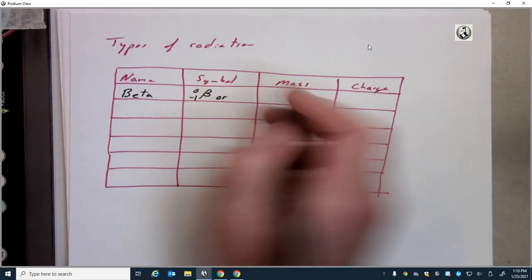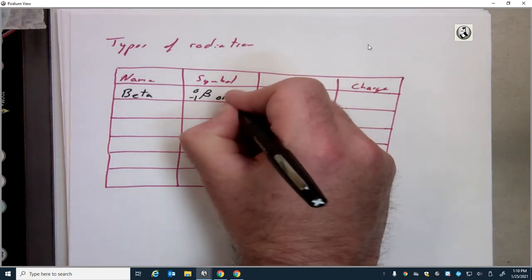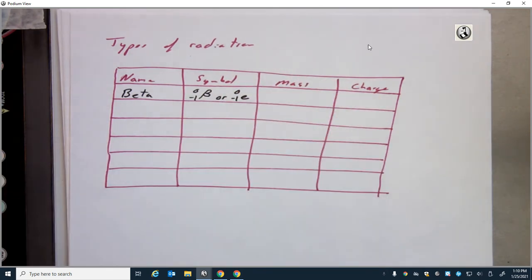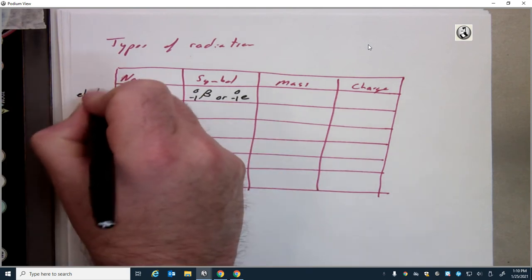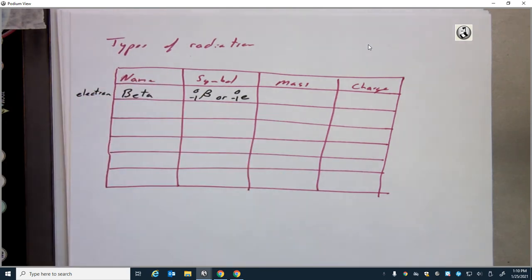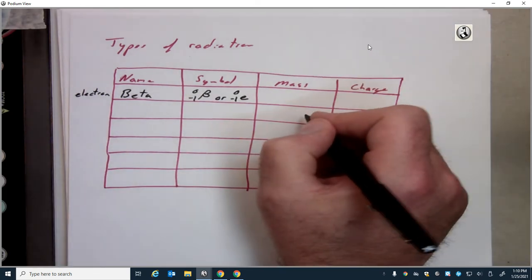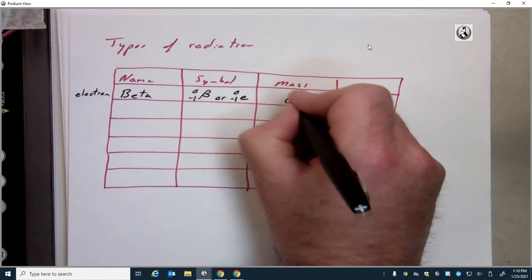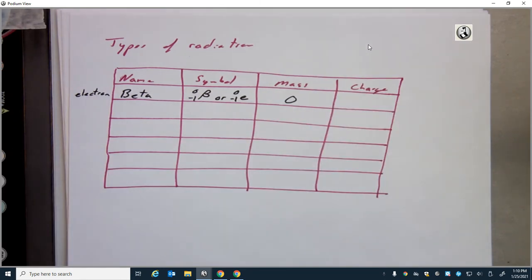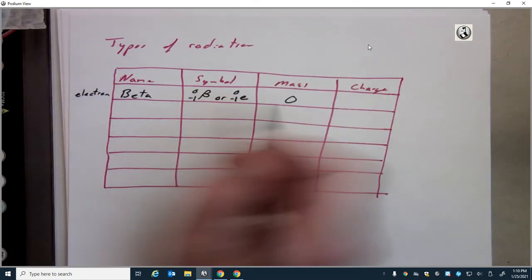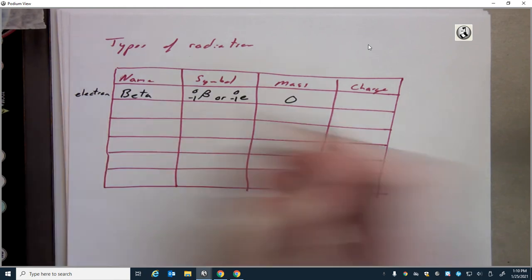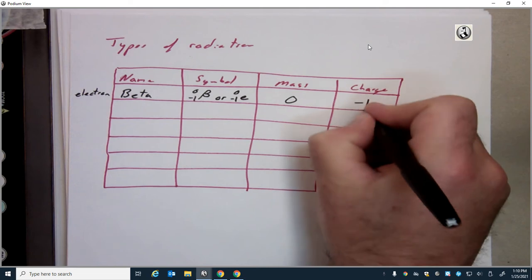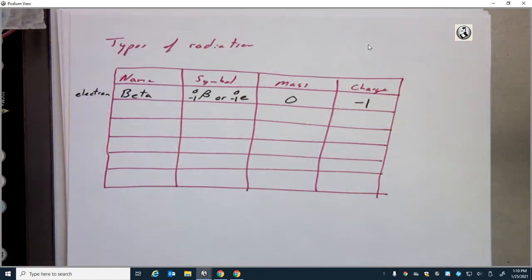But really, it's an electron, 0 -1 e. So a beta particle is an electron. The mass of an electron is basically 0. It has an extremely small amount of mass, but in general, we say that the mass of an electron is 0. And the charge of an electron is -1, so a beta particle has a -1 charge.